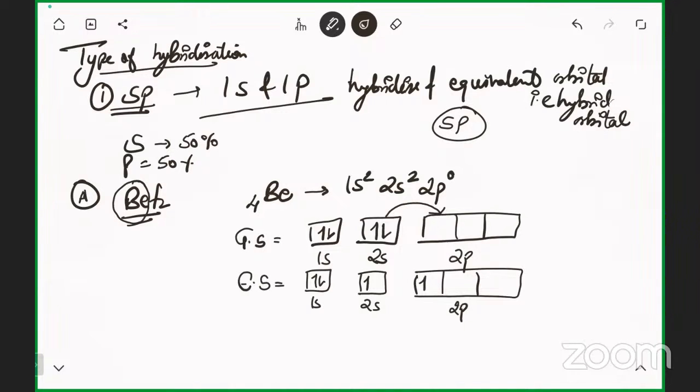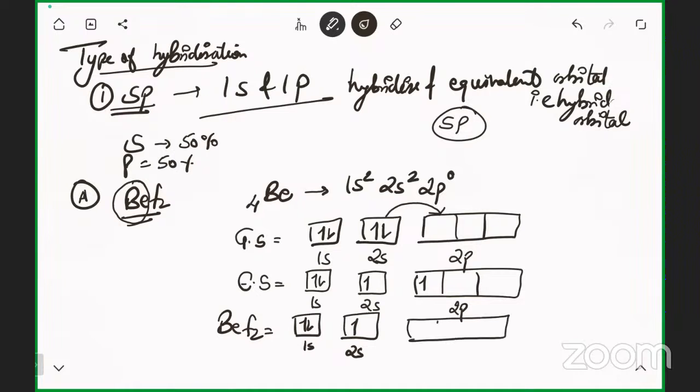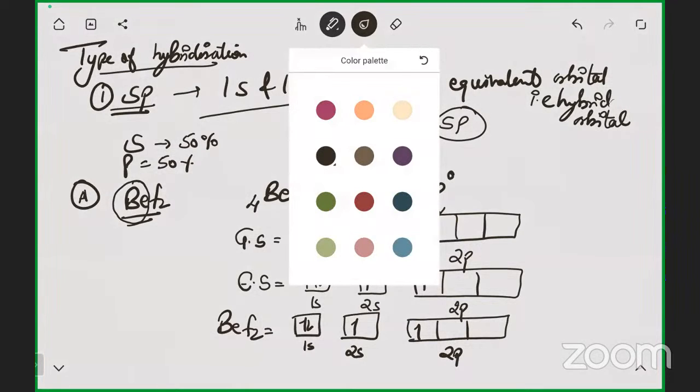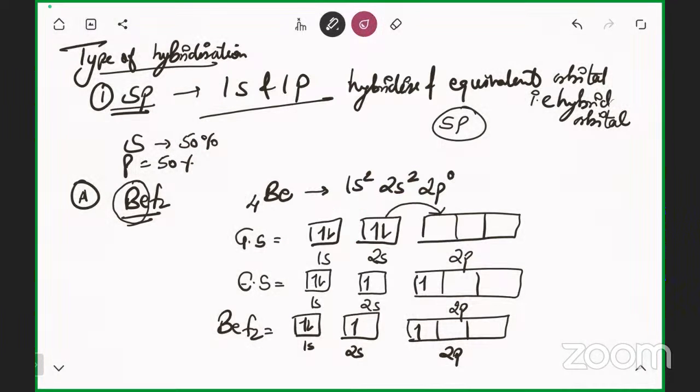Now I'm making BeF2, so you have to make it again. This is 1s, this is 2s, and this is 2p. We have one electron each. How many fluorine are there? Two. So this is one fluorine electron and this one is another fluorine electron.